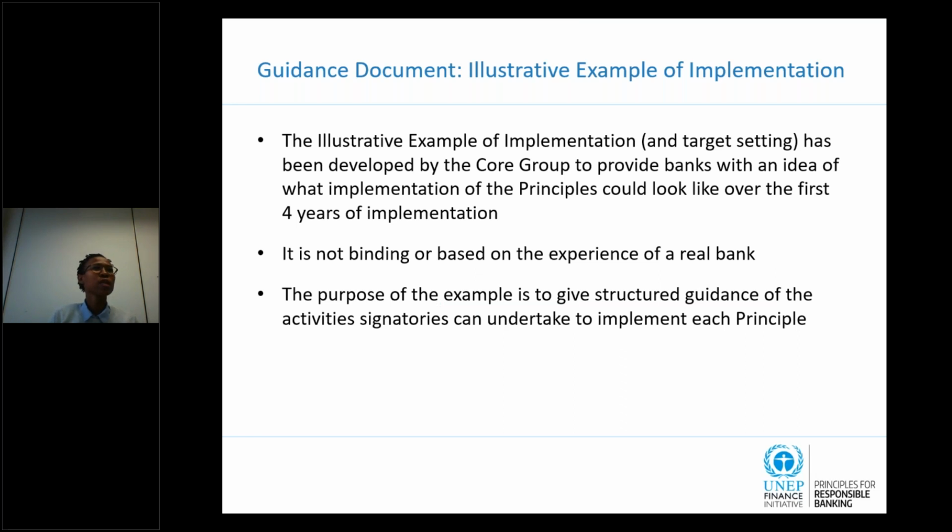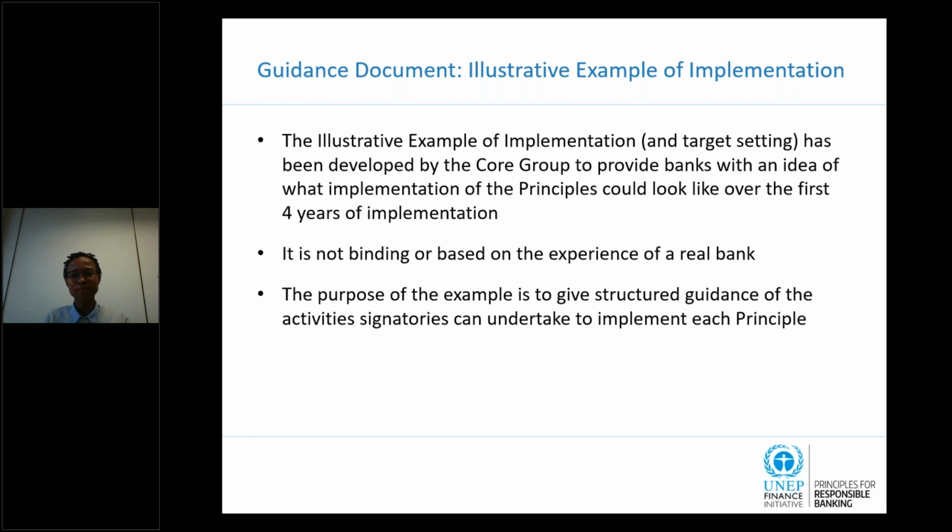So a little bit of background around the illustrative example that's already been discussed by Marius. When we were looking at the guidance document in preparing the final version, I think the big question that came to mind, and one that we felt all banks will be asking, is the how-to question.